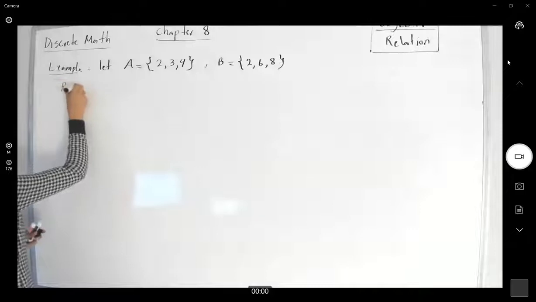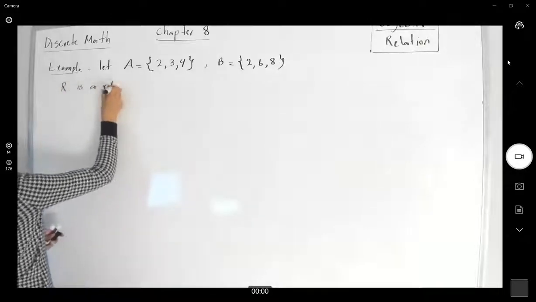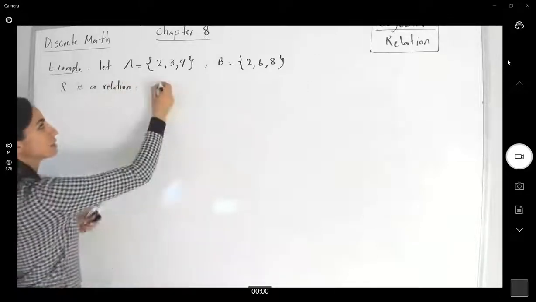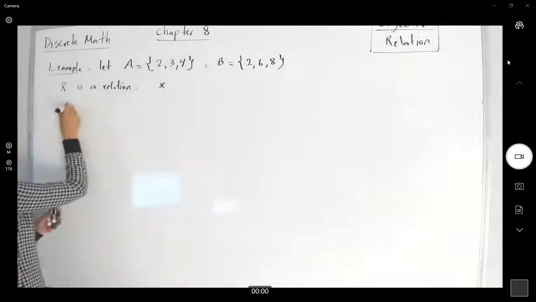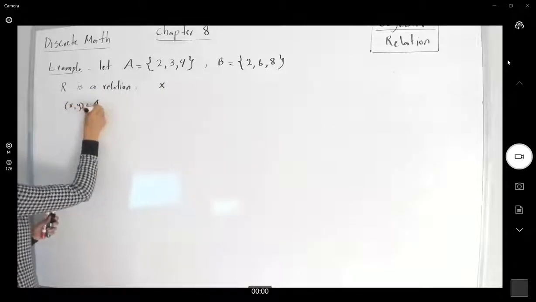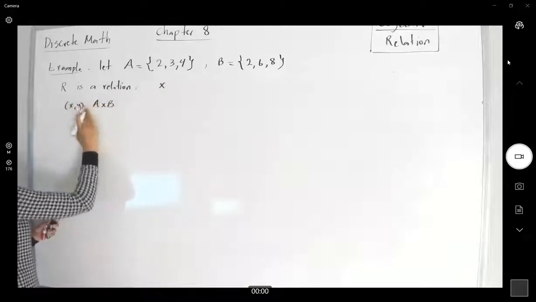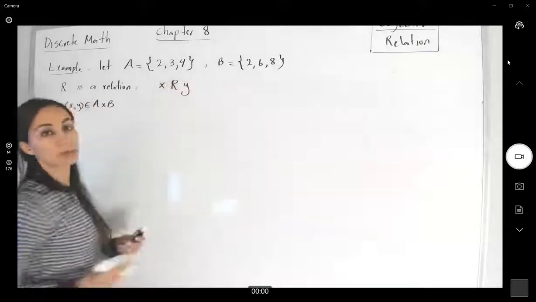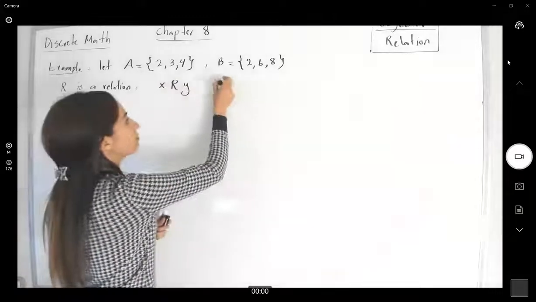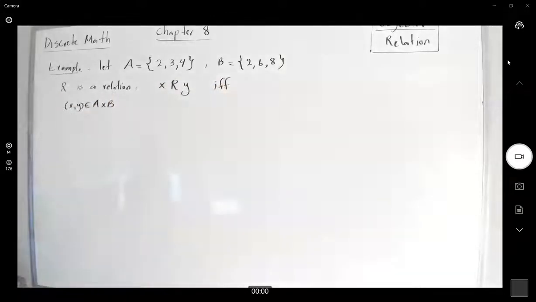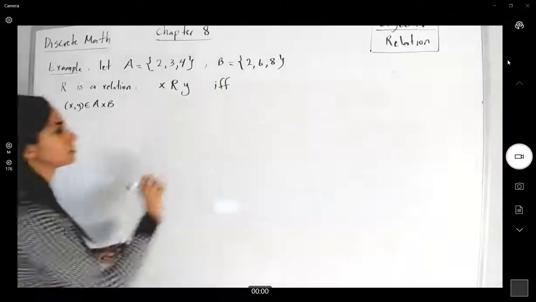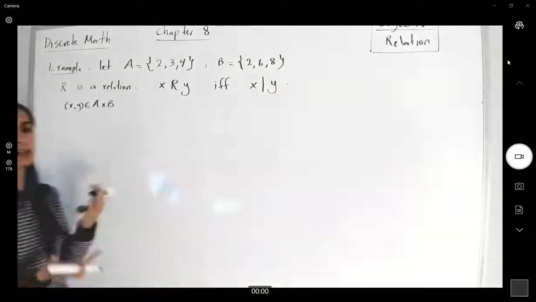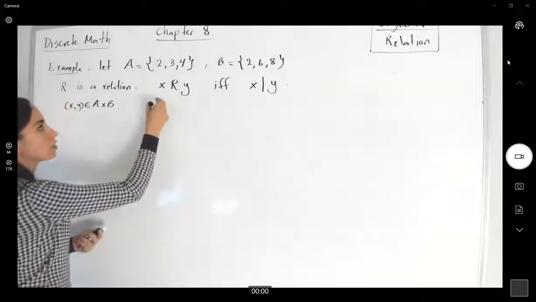R is a relation which is defined this way. Let us take X and Y belonging to the Cartesian product of A and B, and then X is in relation with Y if and only if X divides Y. So in another word, we can write down this relation this way.